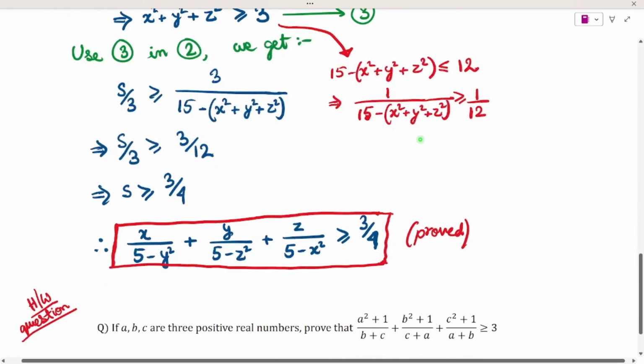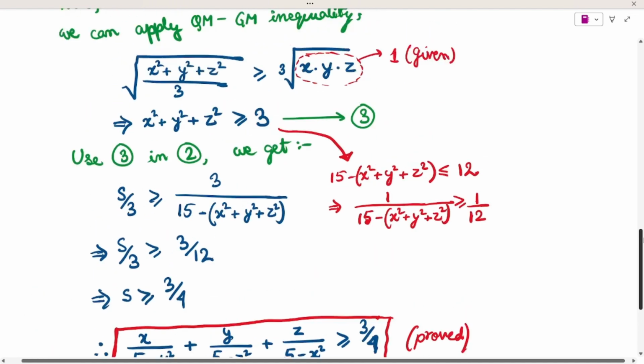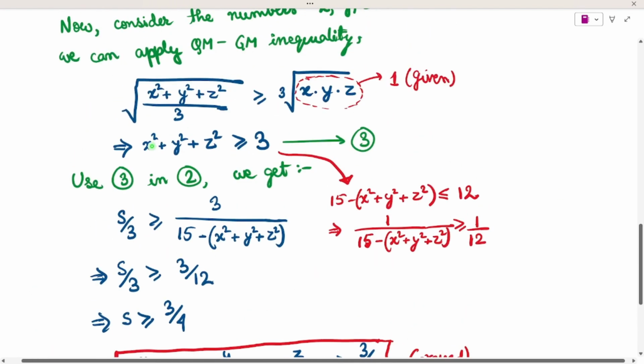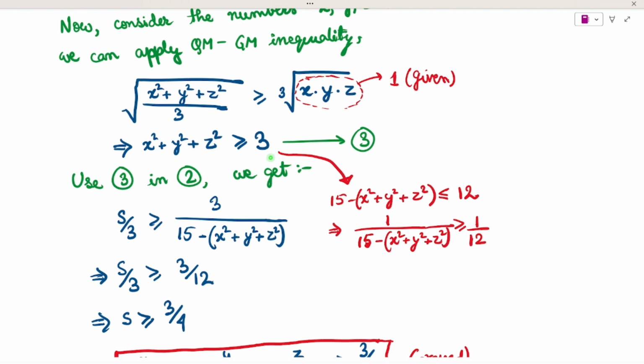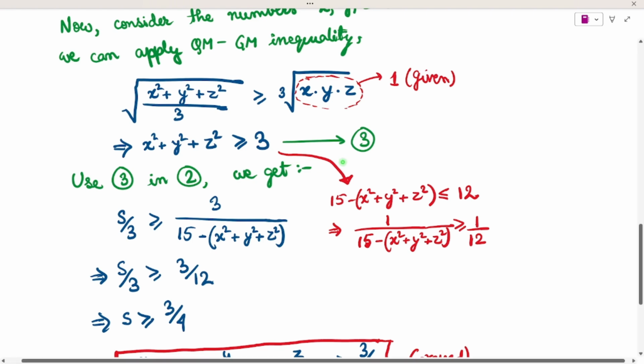So here we can get the boundary. Like x squared plus y squared plus z squared has a minimum value of 3. So this is our bound. So from this we can clearly write that 15 minus (x squared plus y squared plus z squared) will definitely be less than or equal to 12, right?